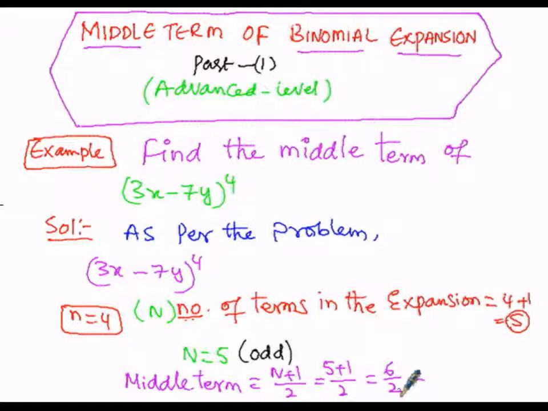Further simplification, 2 ones in the denominator and 2 threes in the numerator, 3 by 1 is 3. So in this manner we got the middle term as 3, that is the third term. So 3 is the third term of the expansion.